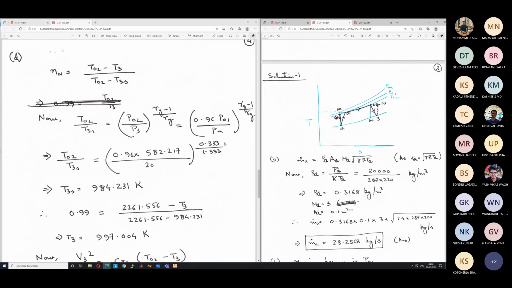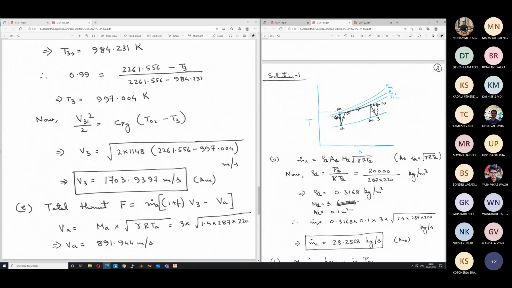Once you find T3, we now know T02 and T3, so we can find the change in enthalpy. This will give us the velocity. V3 square by 2, the kinetic energy that is generated, is equal to CPG into T02 minus T3. CPG is the constant pressure specific heat for the gas, which is 1.148 kilojoule per kg Kelvin. So this gives us V3 because all the other parameters are known.